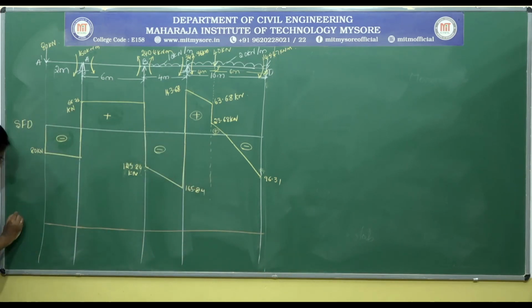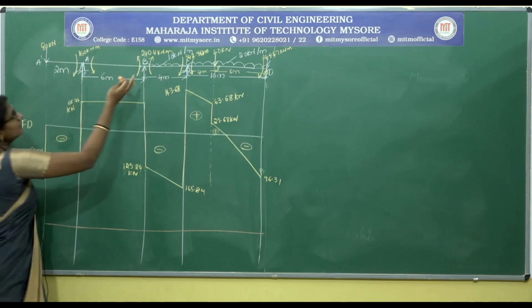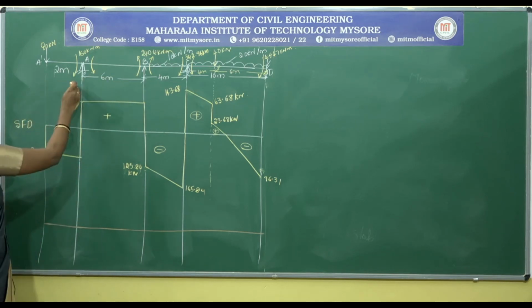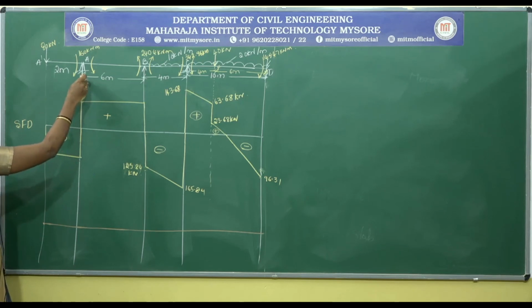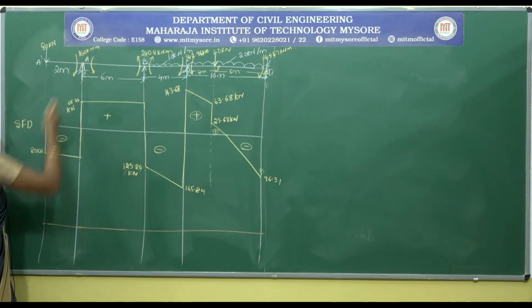Next, to draw the bending moment diagram, we need to consider each span. So, between A dash there is no moment acting, therefore the moment at A dash is 0, and at A there is a moment of 160 kilonewton meter acting towards right.